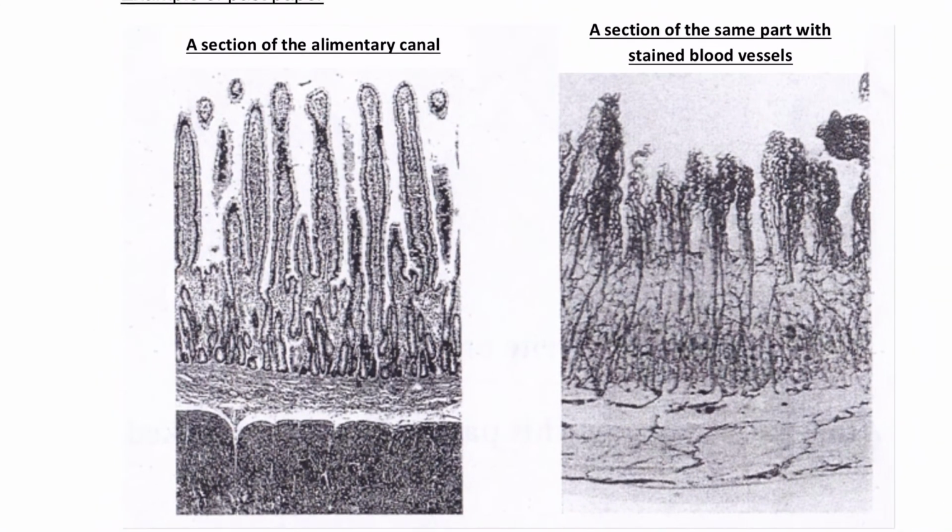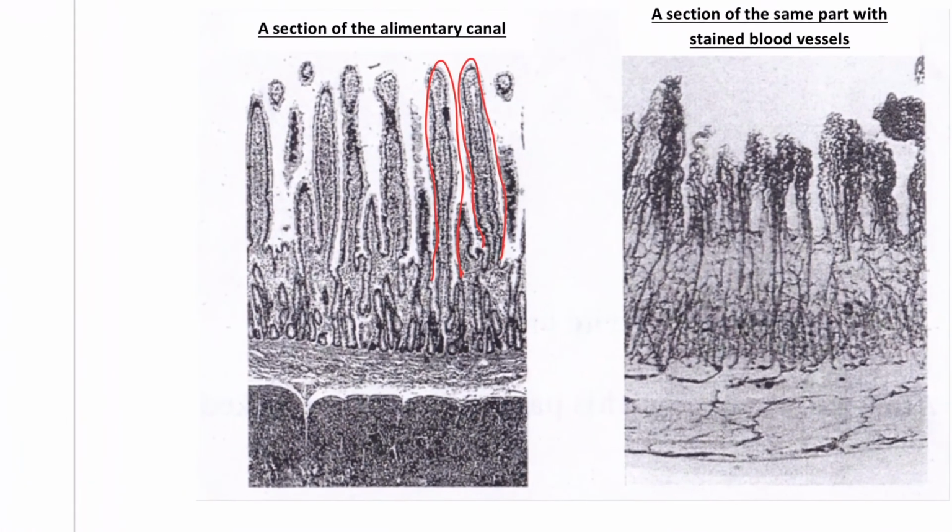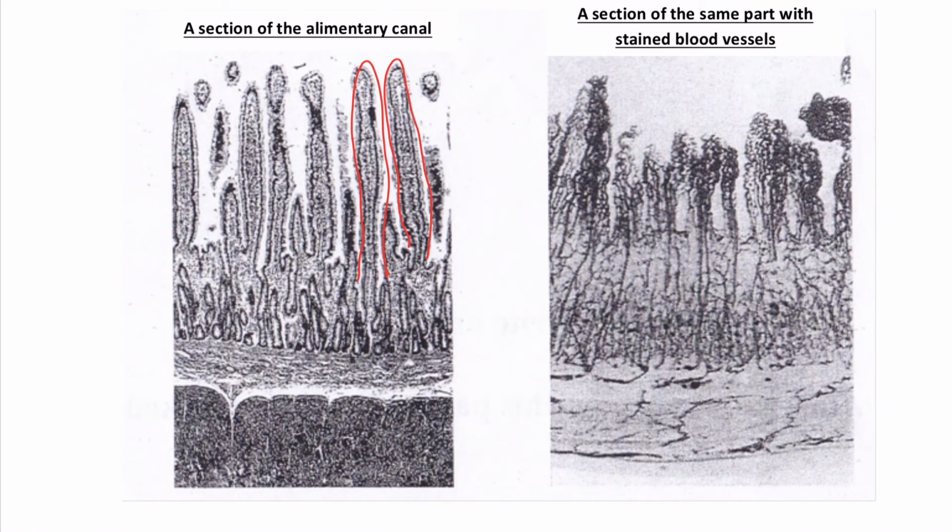For example, in this diagram on the left, you can see some finger-like projections, right? So if the question asks you what is the adaptation of the alimentary canal according to this diagram, you can write that there are finger-like projections to increase the surface area for absorption of digested food.